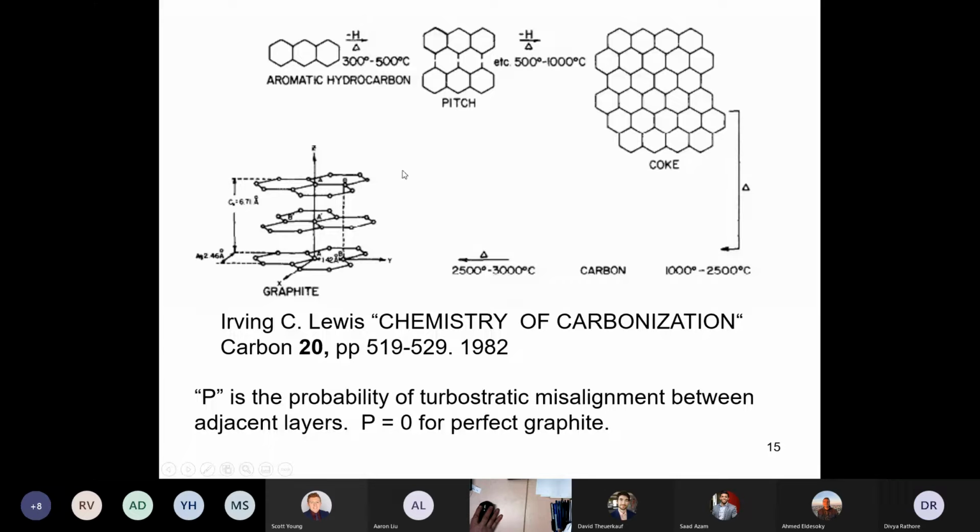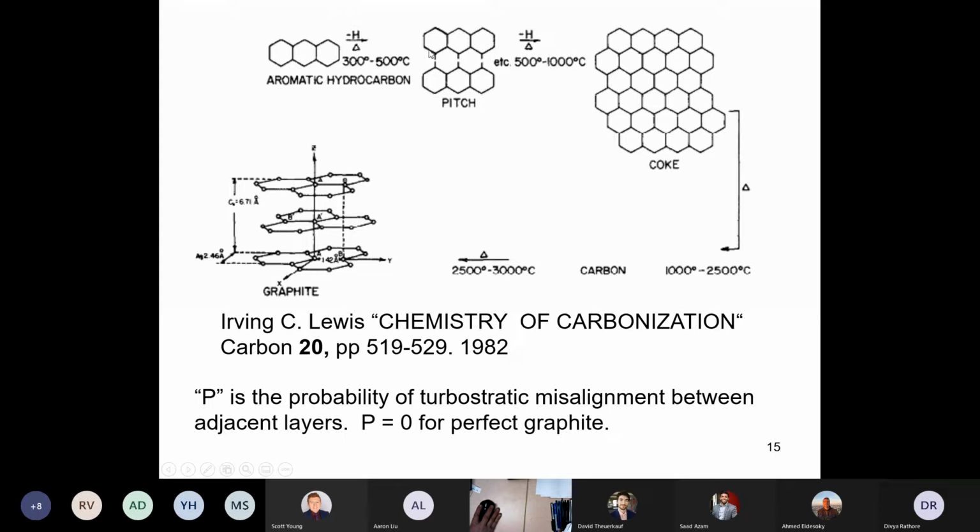And the difference between a soft carbon precursor and what's called a hard carbon precursor is that a soft carbon precursor will melt and form a fluid phase somewhere in this temperature range between 300 and 500 degrees C. The formation of that fluid phase allows these flat aromatic sheets to line up parallel on top of each other.